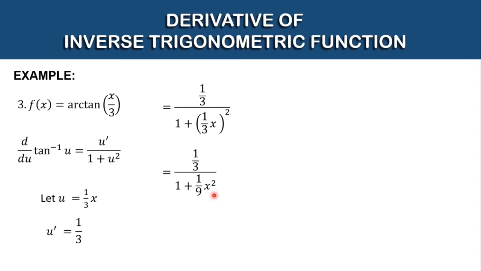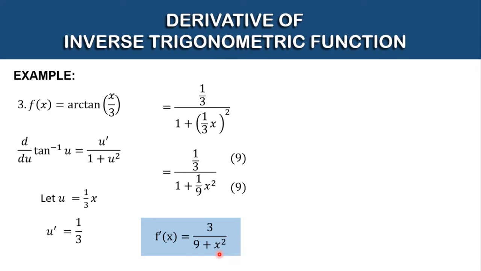So multiply natin yung 9 sa numerator and sa denominator. So distribution. So yung 9 times natin sa 1/3, that is equal to 3. 9 times 1 is 9. 9 times 1 over 9 is 1. So that's why the derivative or the final answer in our third problem is 3 over 9 plus x squared.